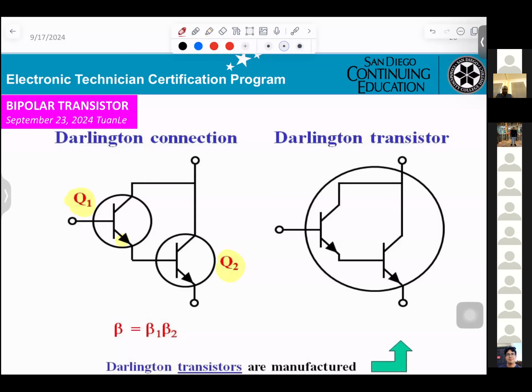They want beta 1 times beta 2. That means they try to get a big current gain. If you get 100, you get a very big beta. Okay, that is the only thing they want.